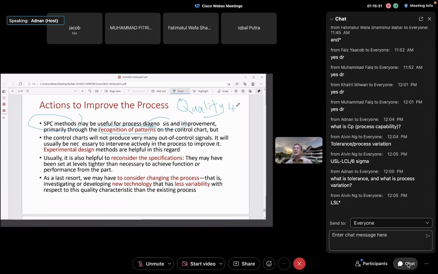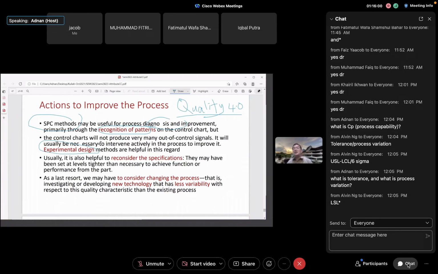For those who want to study more on this, you can use it as your group project title on quality 4.0, where automation, internet and sensing are used in quality. A control chart will not produce very many out-of-control signals, but it is usually necessary to intervene in the activity or process to improve it using design of experiment.